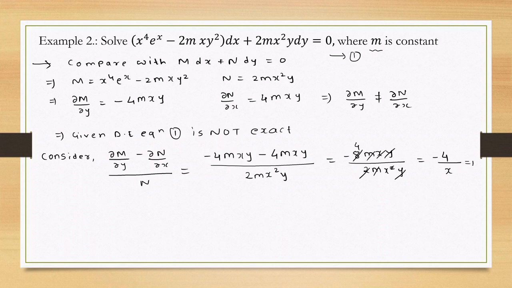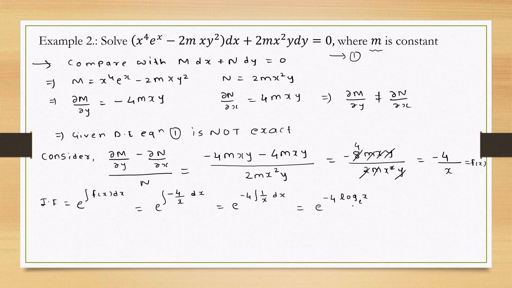So it is a function of x only, na? So if we get a function of x only, then the integrating factor is equal to e raised to integration f of x dx. Correct? So e raised to integration of minus 4 by x dx. So integration of minus 4 times 1 by x dx, we can write it as e raised to minus 4 log x to the base e.